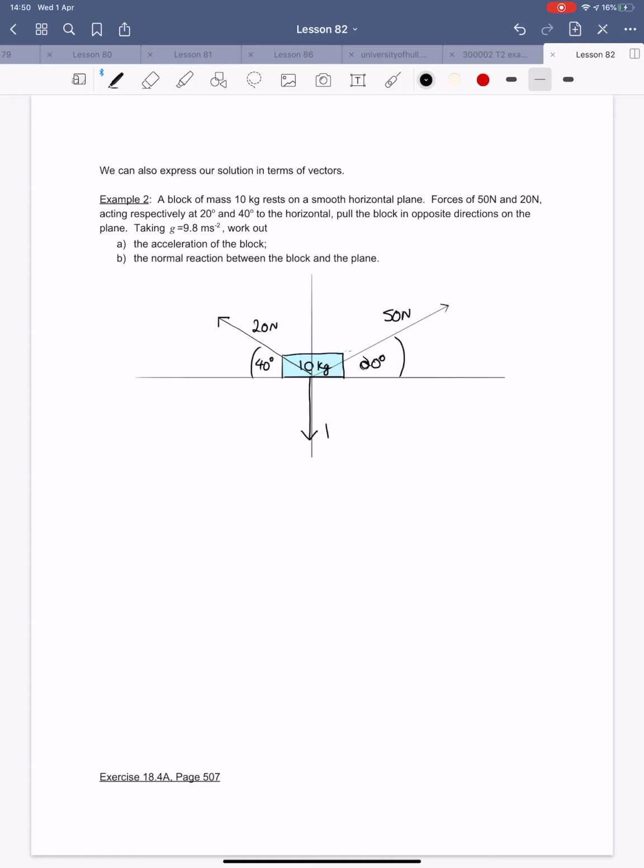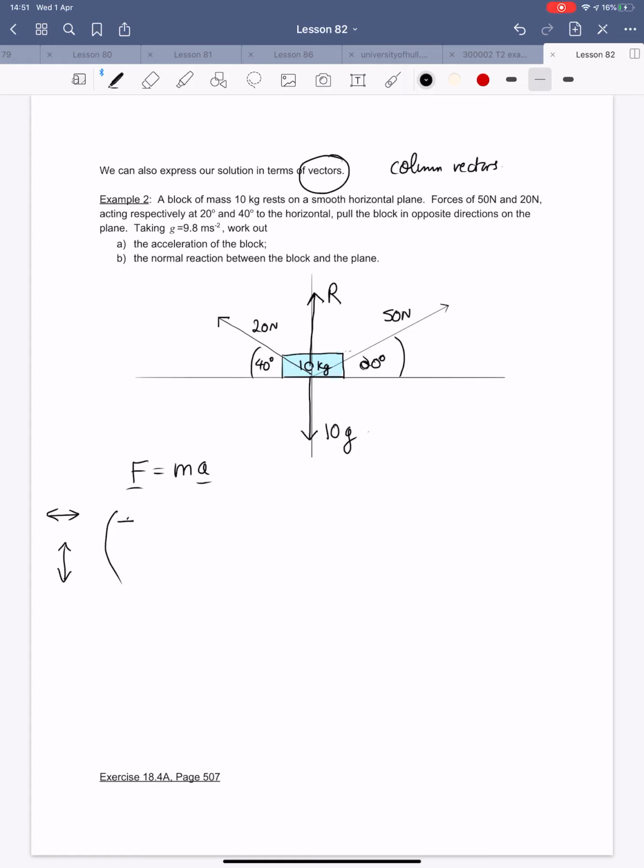Right, so this is 10g downwards, that's the weight. That's going to be the normal reaction upwards there. Net force is mass times acceleration again. It says at the top we use it in terms of vectors, so that's column vectors. Horizontal that way, vertical that way.